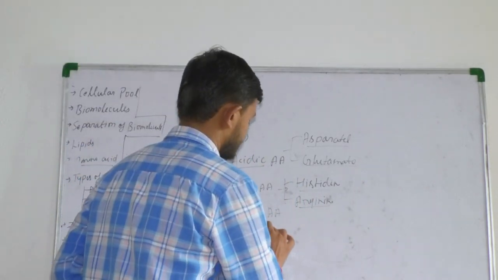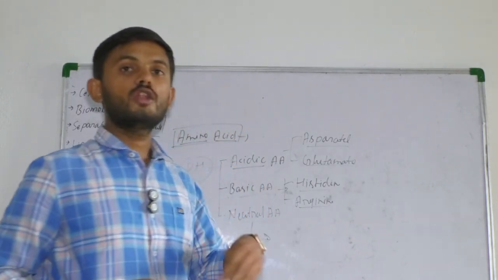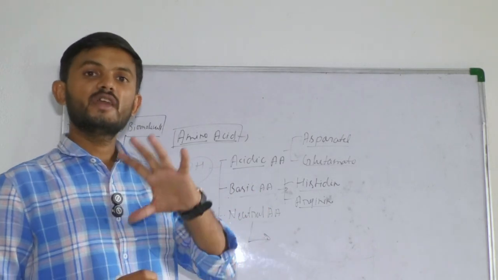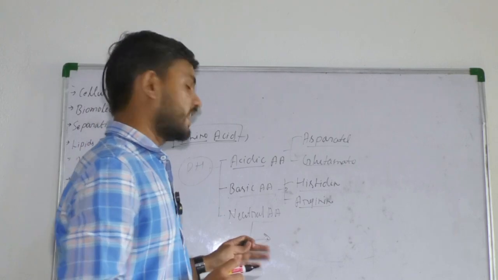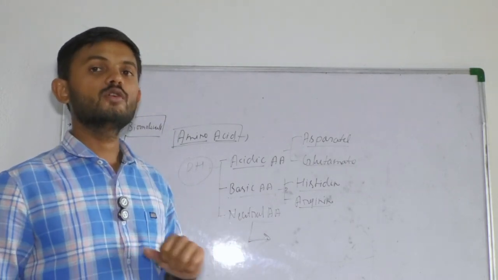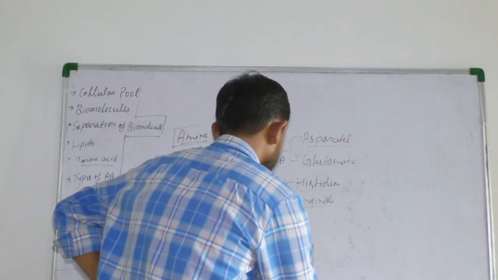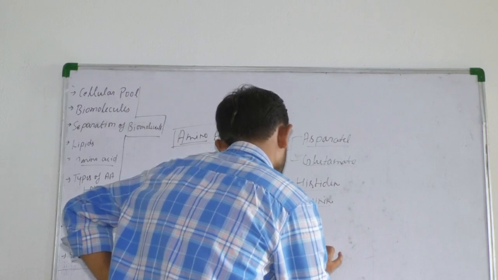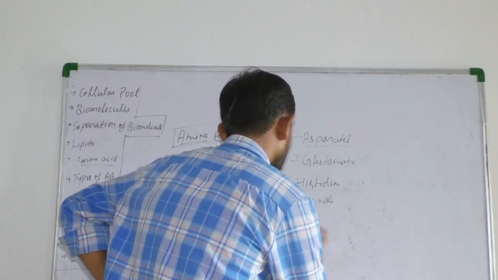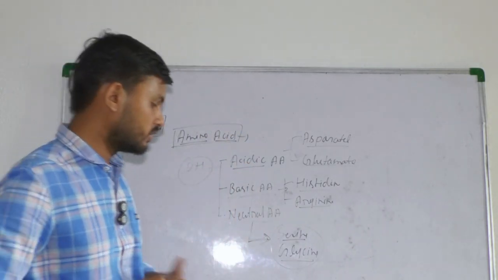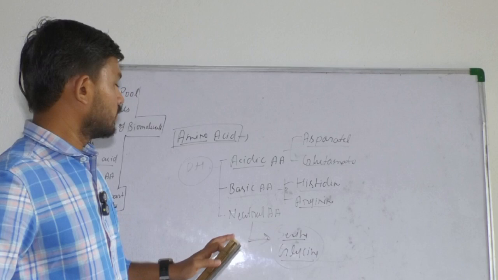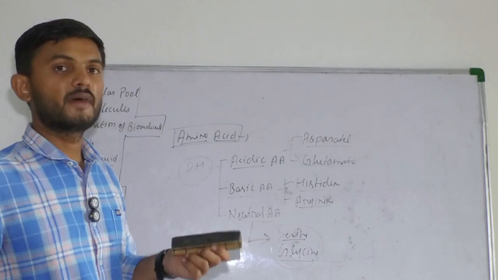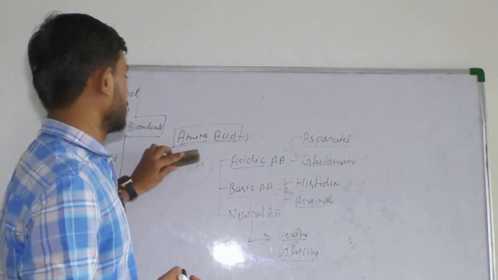And neutral amino acids are those in which the amino group and acidic group are equal in number. That's why they are called neutral amino acids. Serine, glycine, and many more amino acids are neutral. So these are the types of amino acid on the basis of pH.